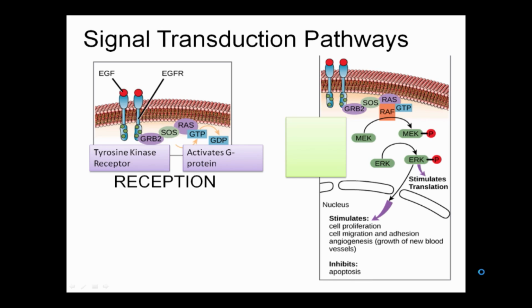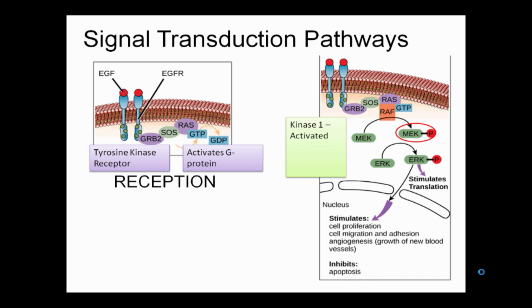So we already talked about the reception part. So tyrosine kinase is going to be our example receptor here, which activates a particular G protein. We're not going to get into the details because that's beyond the AP course of super specific proteins.